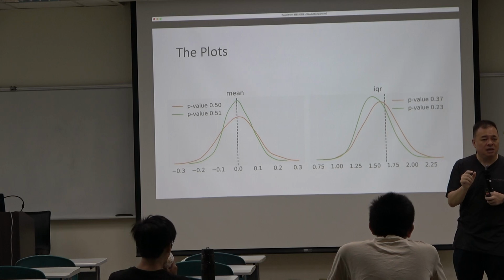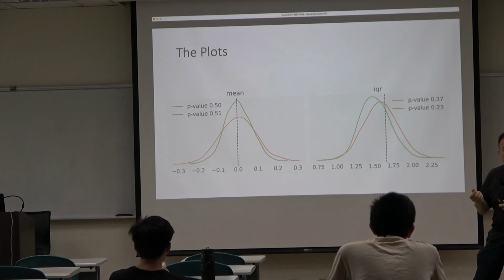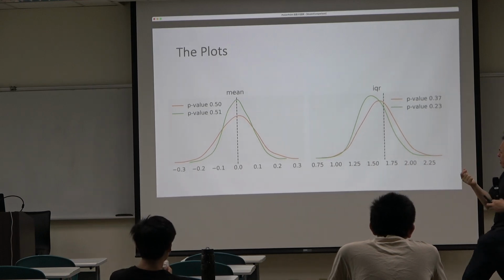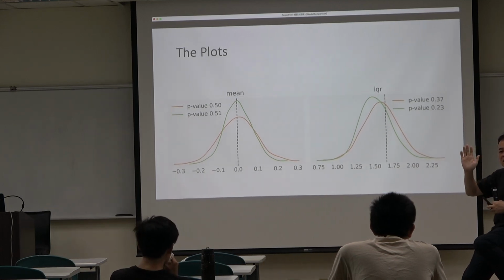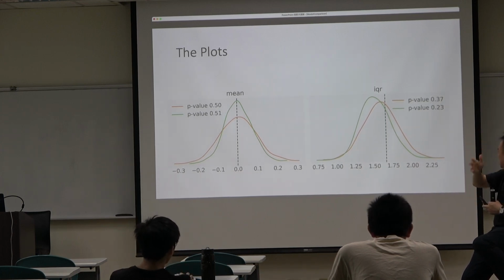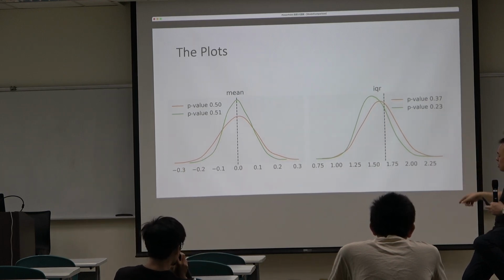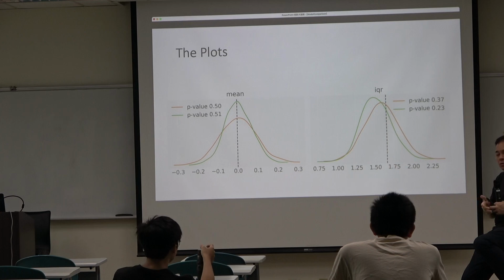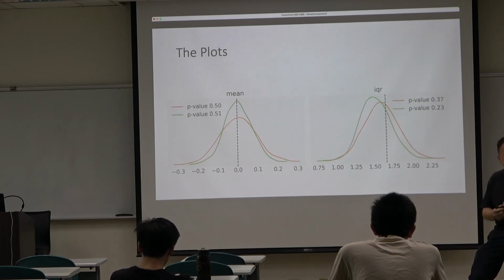But obviously, the orange model, the linear model, is closer. The center of the distribution of the linear model is closer to the true interquartile range than the quadratic one, right?